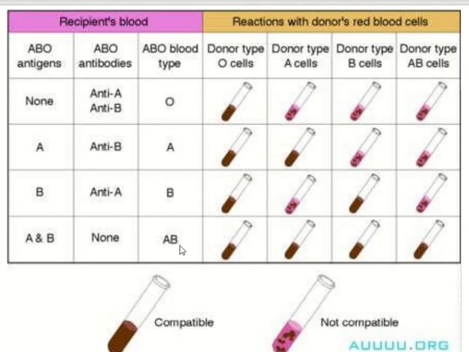Meanwhile, the recipient with blood type AB can receive all types of blood because they do not produce any antibody in the plasma. So this one can be referred to as the universal recipient. Meanwhile, blood type O is the universal blood donor.